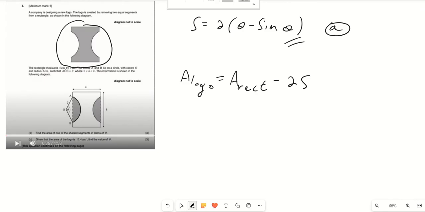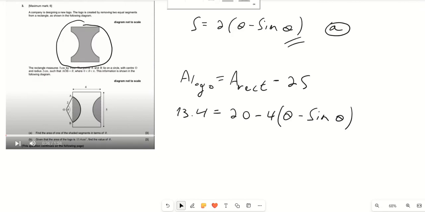So the area of the logo is given, 3.4. The area of the rectangle is also known because the sides are known. They are 4 and 5, so the area is 20. And now we have to subtract 2S. S is here, so we have to subtract 4 times theta minus sine of theta.